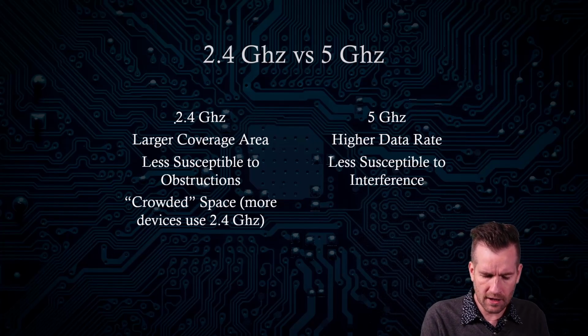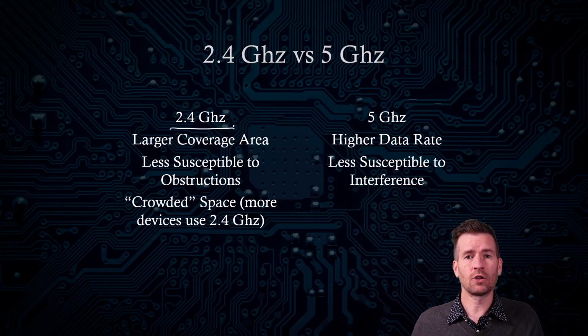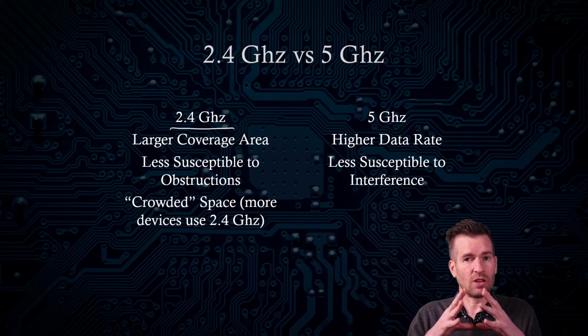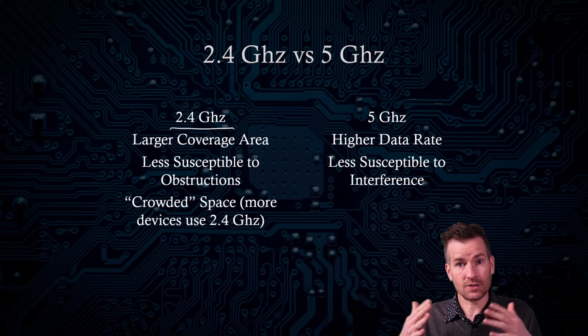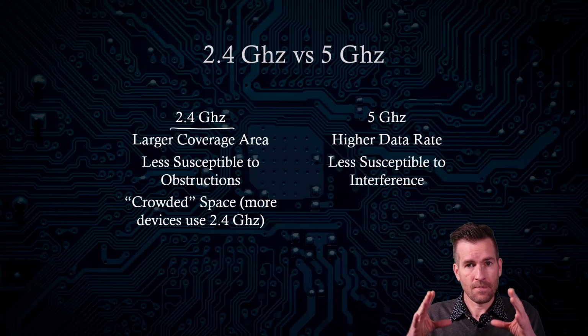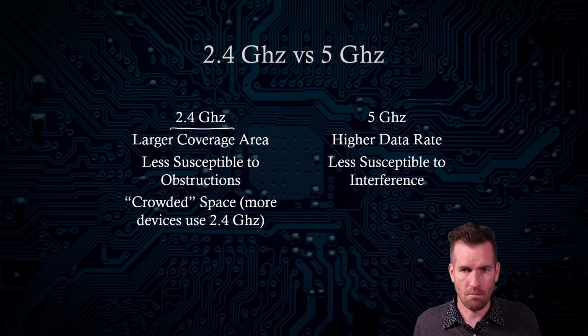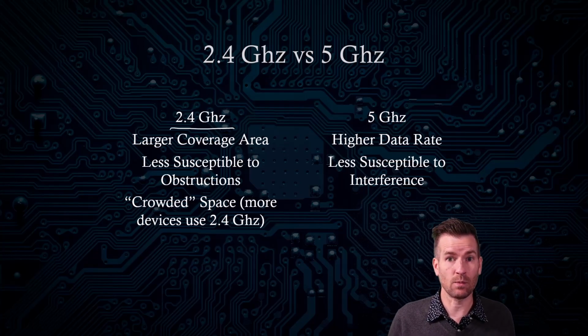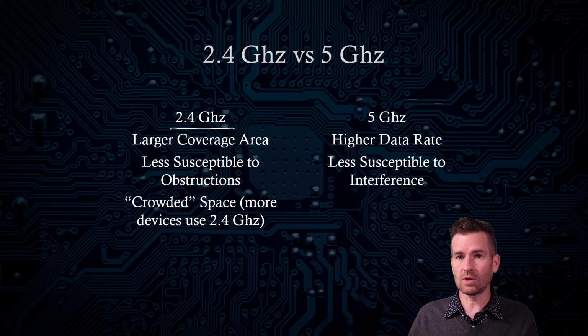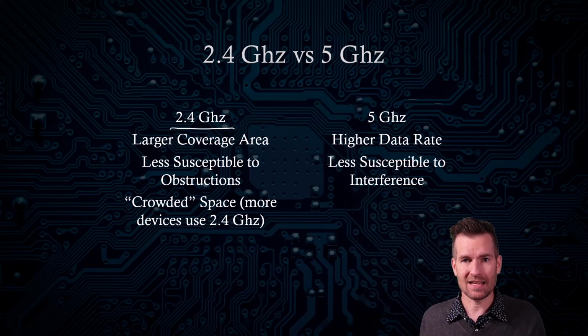So the 2.4 gigahertz range has a longer wavelength. Those longer wavelengths that are associated with lower frequencies will penetrate objects better. What I mean by that is it will go through walls better. It will go longer distances. The signal won't deteriorate as much.